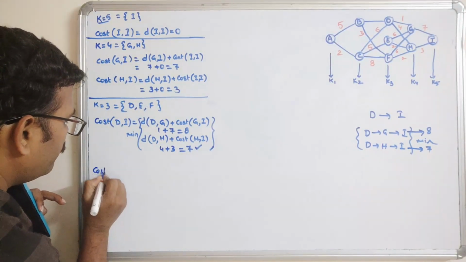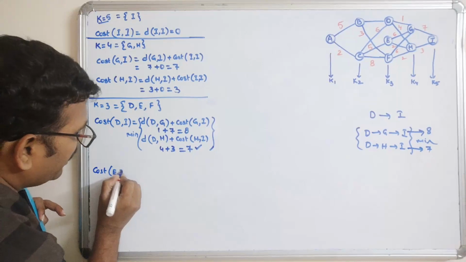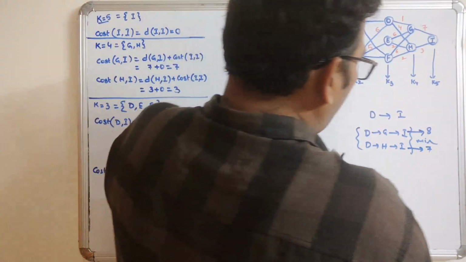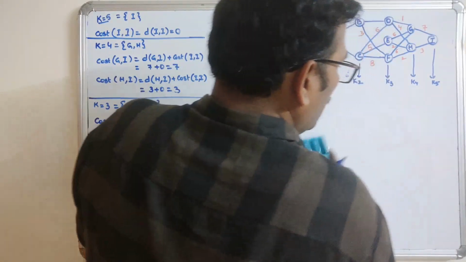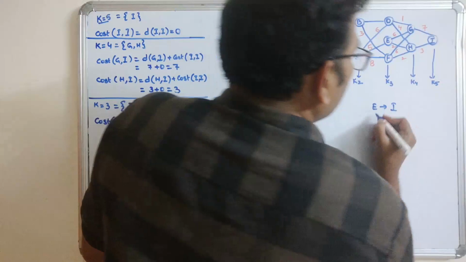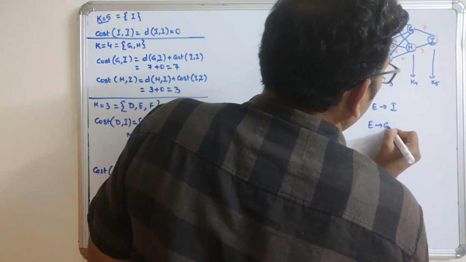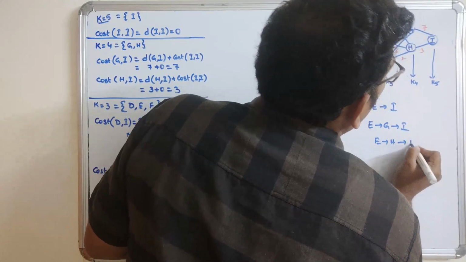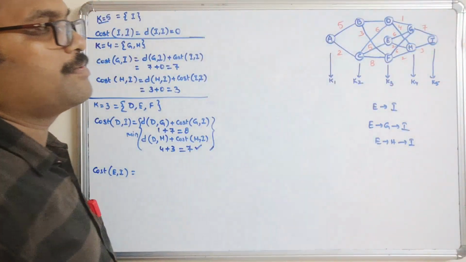So cost of E to I, that means E to destination. How many paths are there? Let us check here. E to destination, that means I. One possibility, E to G, G to I; another, E to H, H to I. So two possibilities, right?